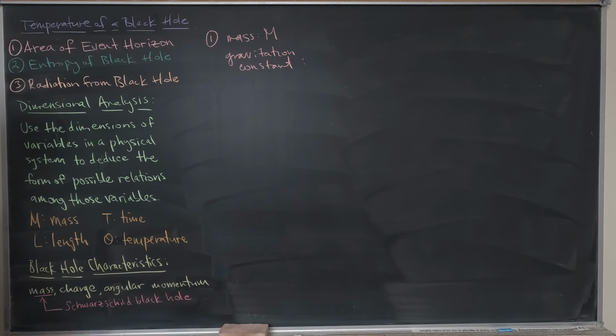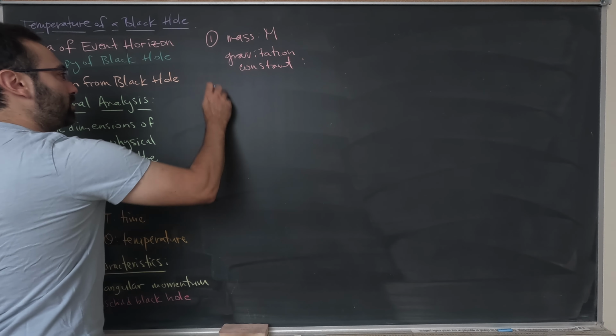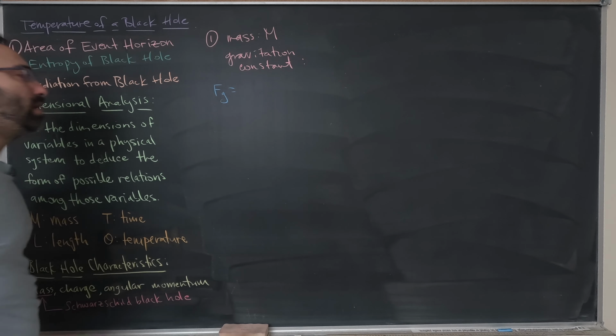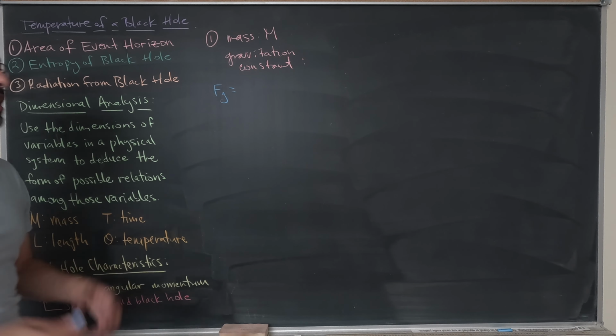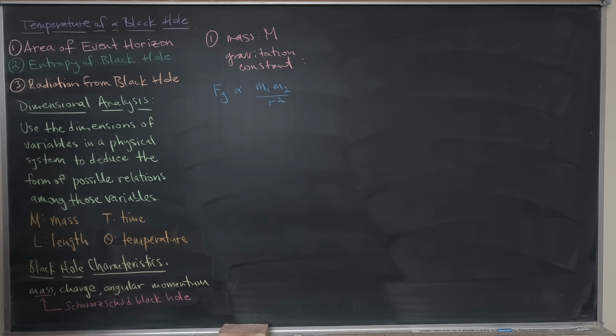What is it? From Newton's law of universal gravitation, we know that the force of gravity, F sub g, experienced by 2 objects attracting one another is proportional to the product of their masses, call those m1 and m2, and inversely proportional to the distance r squared separating those 2 objects.